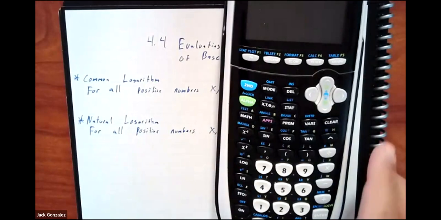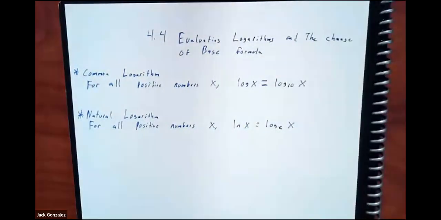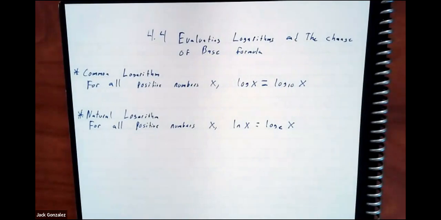That's the natural log, base e. And the one without any base is assumed to be 10. So that's where that log comes in.